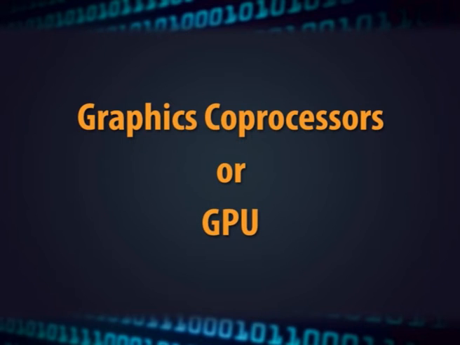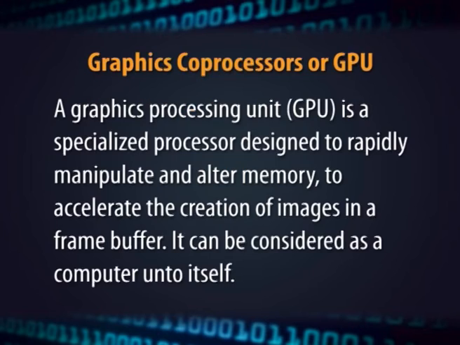3.2 Graphics Coprocessors or GPU. A graphics processing unit, GPU, is a specialized processor designed to rapidly manipulate and alter memory to accelerate the creation of images in a frame buffer. It can be considered as a computer unto itself.